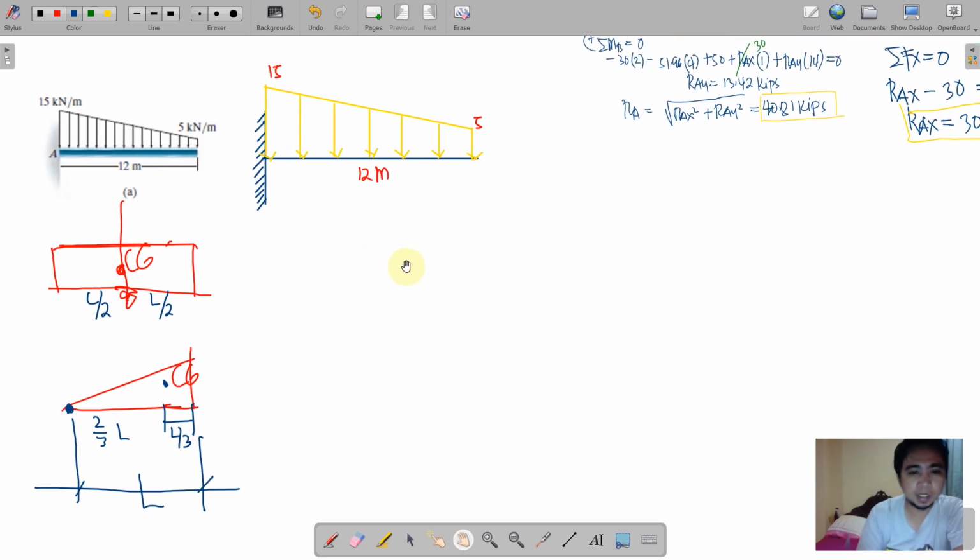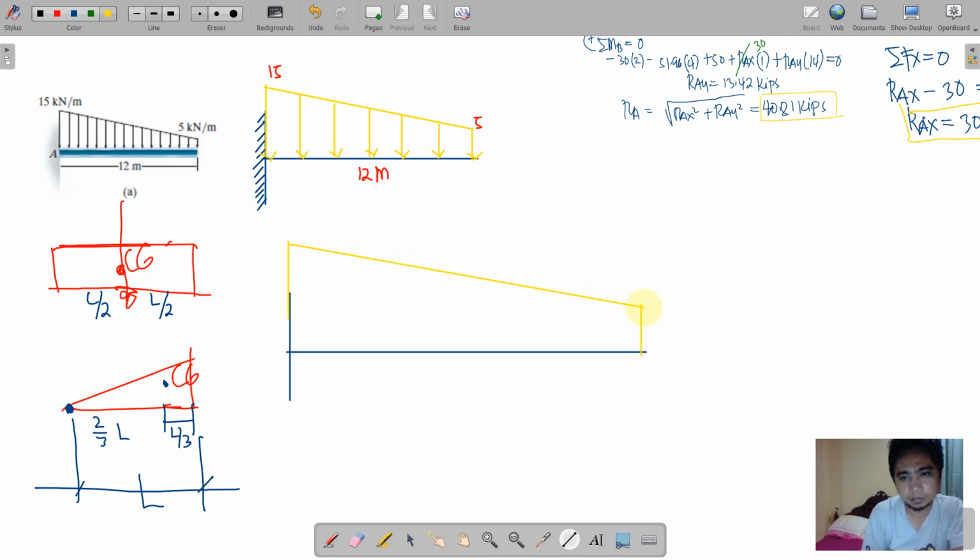So, moving on, let us now have the free body diagram of this. So, as much as we can, lakihan natin. Okay. The free body diagram. So, we're gonna have here a trapezoidal loading. Okay.